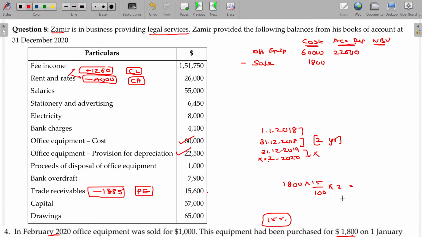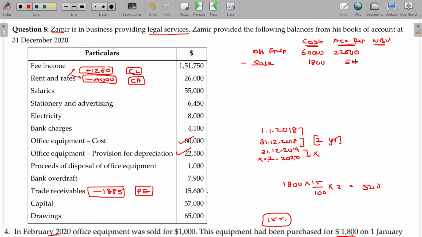So 1,800 into 15% for 2 years. 1,800 into 15% is 270 per year, for 2 years 540.